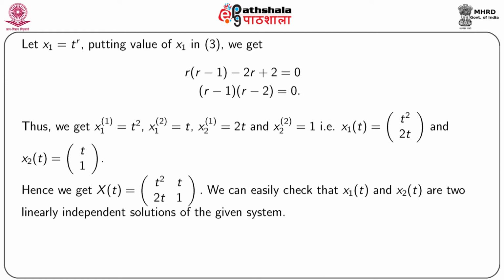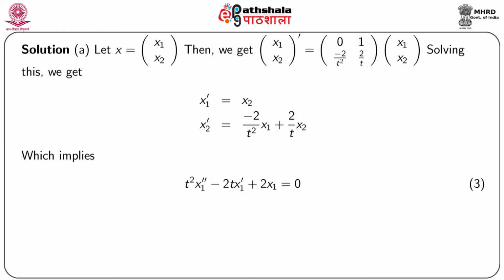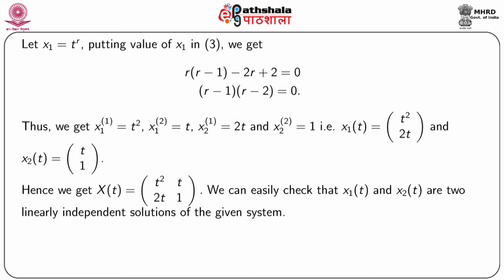Let x1 equal to t to the power r, and we put this value of x1 in equation 3. If you do that, we will get r into r minus 1 minus 2r plus 2 equal to 0, and if you factor this, you will get r minus 1 into r minus 2 equal to 0.